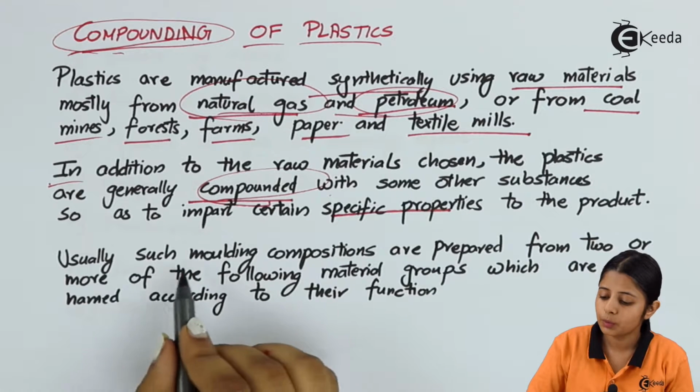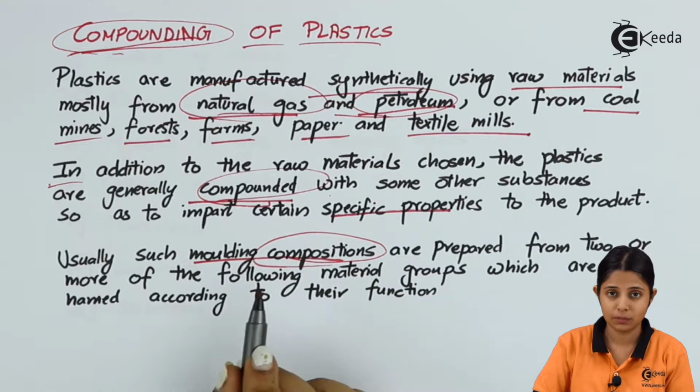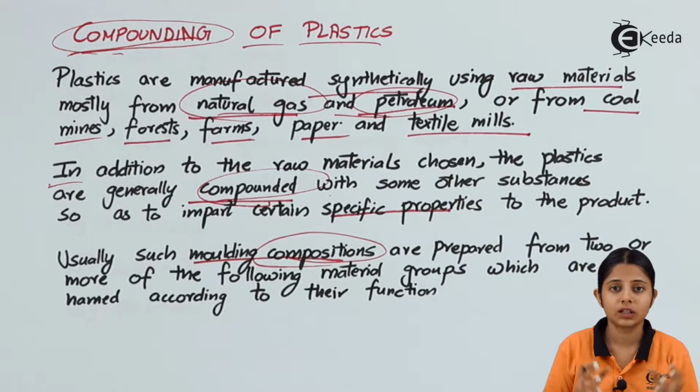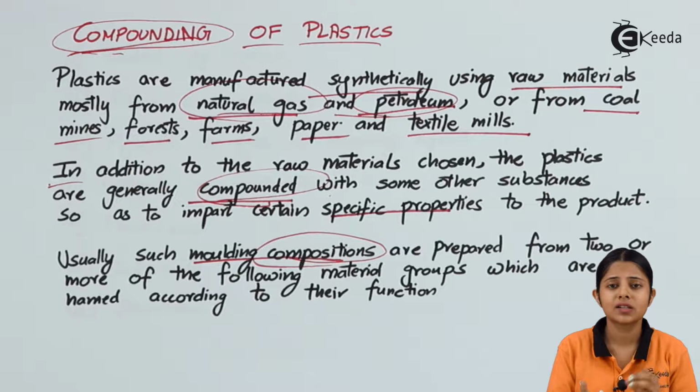So over here we are talking about molding compositions, and the composition is one of the most important terms used in plastics. Composition is nothing but the amount of substances which are being used. If I want a plastic to act as a lubricant, I will add certain lubricating agents inside it. So if I am adding certain lubricating agents inside it, I will make sure that I am adding them in proper proportion.